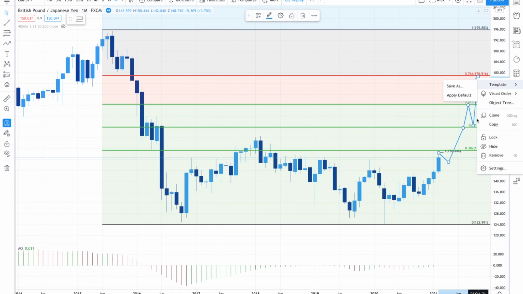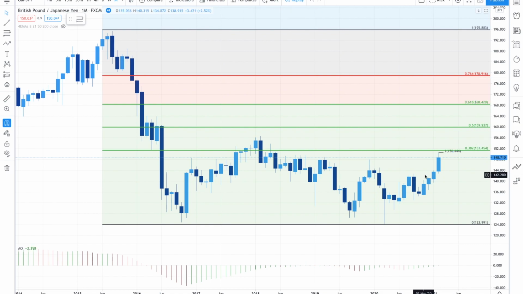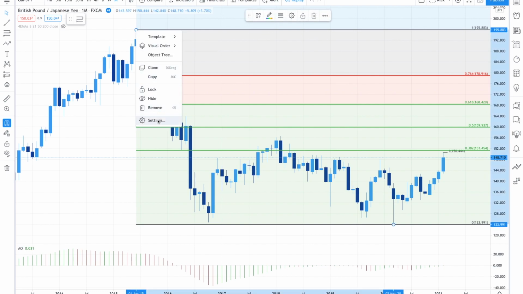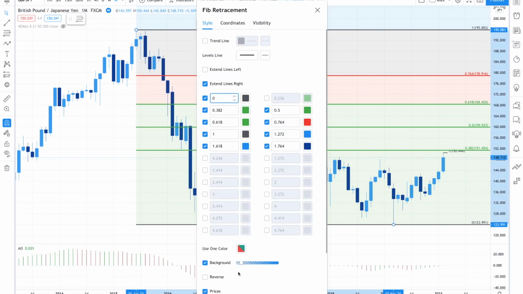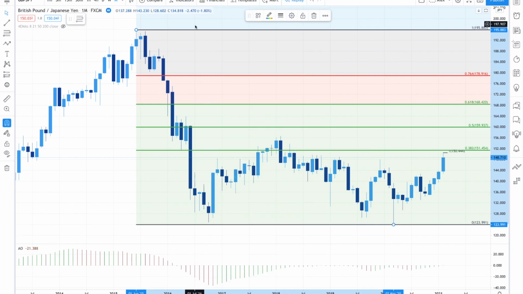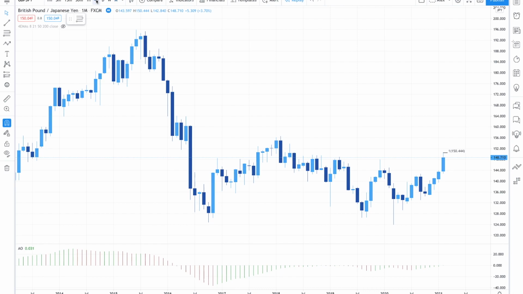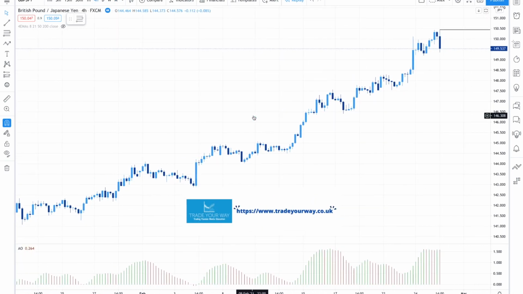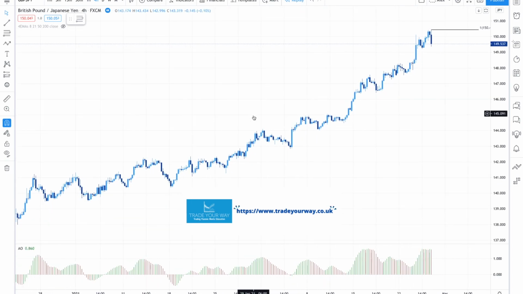And so let me give you a more real-life example on a smaller time frame. Allow me to quickly move these fibs out of the way, or potentially even just delete them, and then drill down to, I don't know, let's drill down to the 4-hour chart. Let's have a look at this 4-hour chart. Now, what are we looking for in this move?